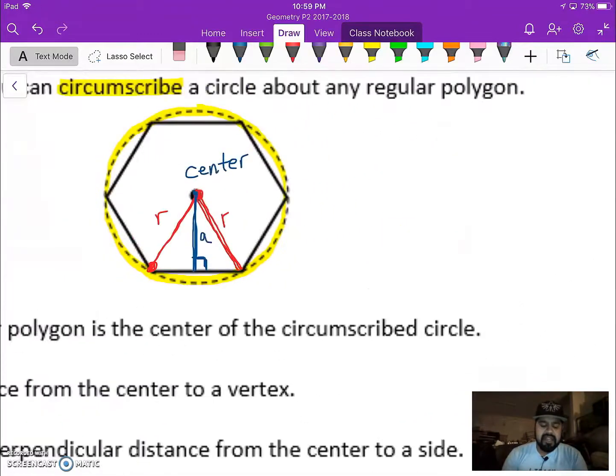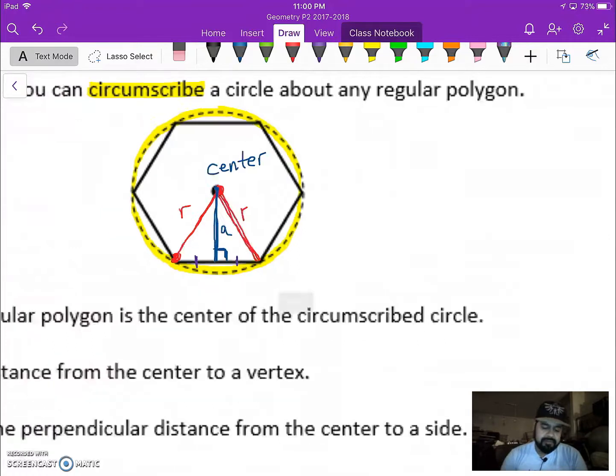This line does something special to the side of your shape. It splits it into two equal parts. And that's going to be very important for this lesson. So you've got to know this.